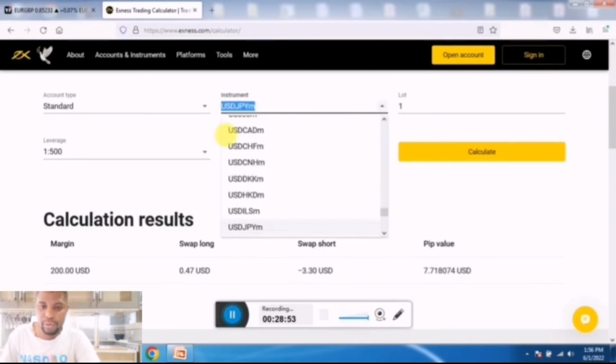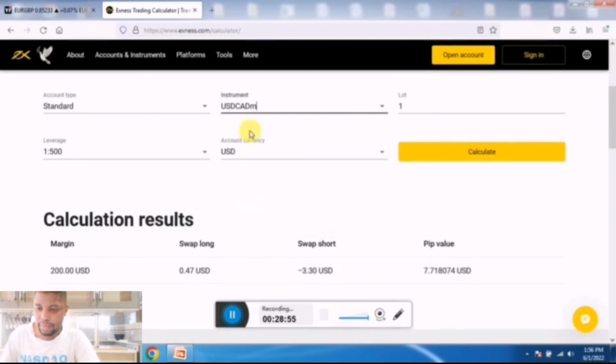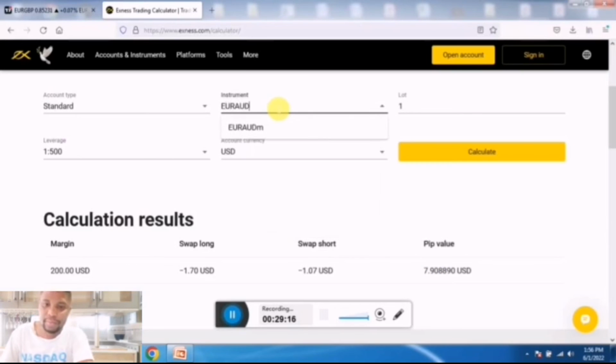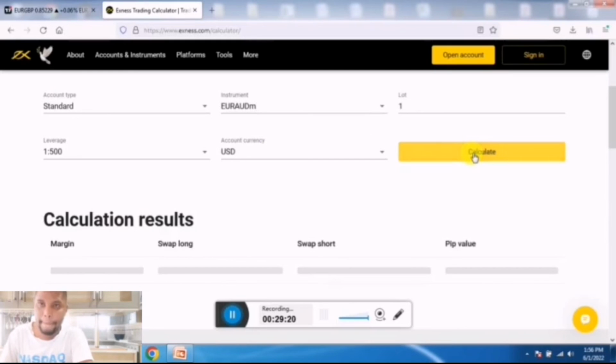And for USD CAD, the PIP value is 7.9, almost $8. For another one, let us say Euro AUD, the PIP value is 7.190.